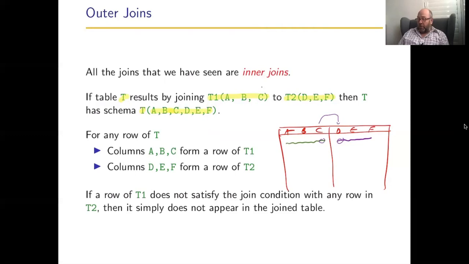There are no rows of T2 with the right value of C. So in that case, that particular row of T1 just doesn't appear in the joined table. Okay? Often that's what we want, and so that's fine, but sometimes that's not what we want, and in order to get around that, that is the purpose of an outer join.